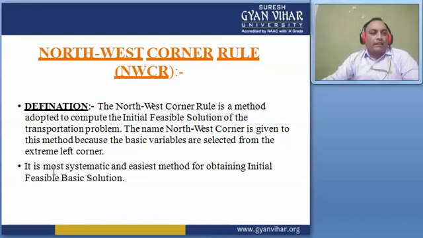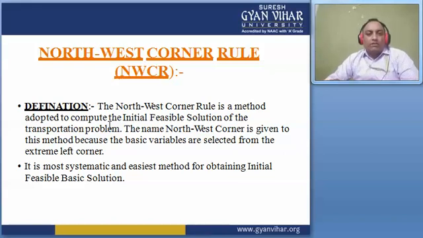Then this is the next slide for the northwest corner rule, in short called NWCR. The northwest corner rule is a method adopted to compute the initial feasible solution of the transportation problem.